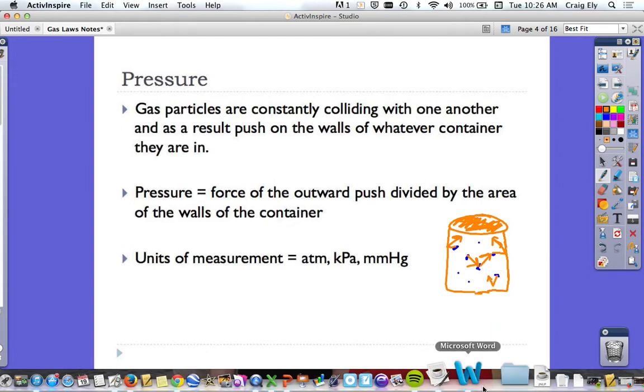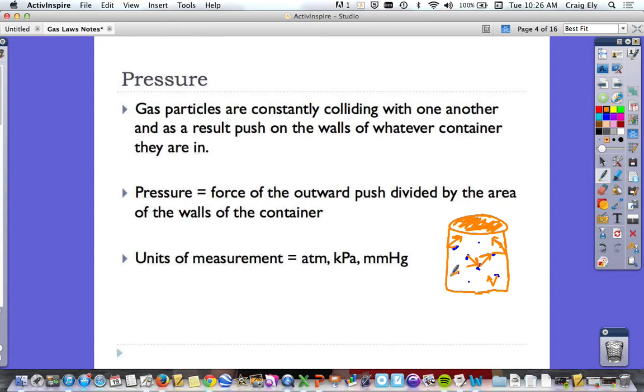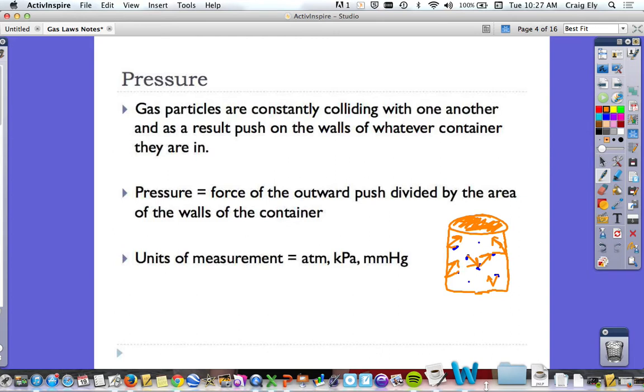As they're moving around, they're pushing on the sides of the container, and as they push on the sides of the container, they're exerting pressure. So that's how we have pressure. It's that push on the sides of the container. Of course, if we add heat to it, those particles are going to be moving faster, and there's going to be more pressure.